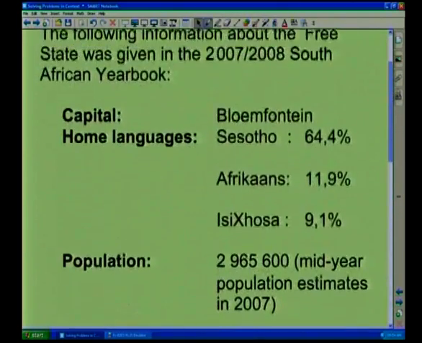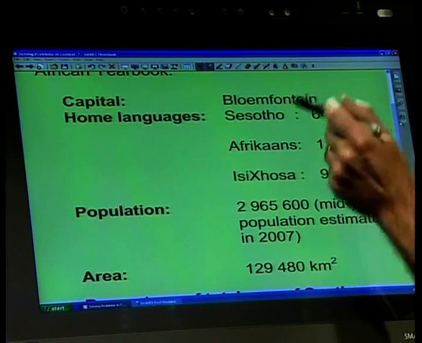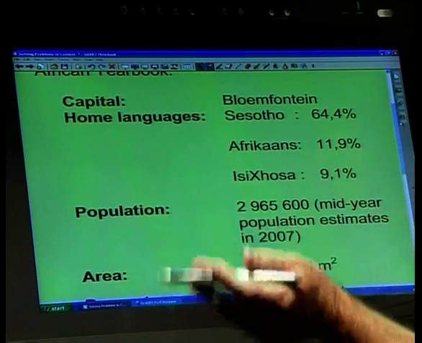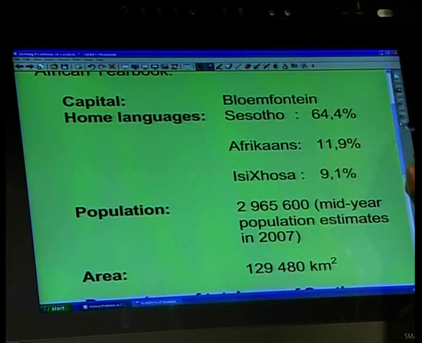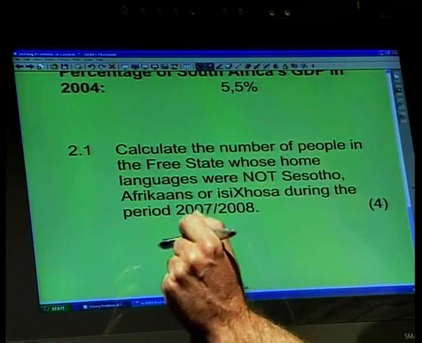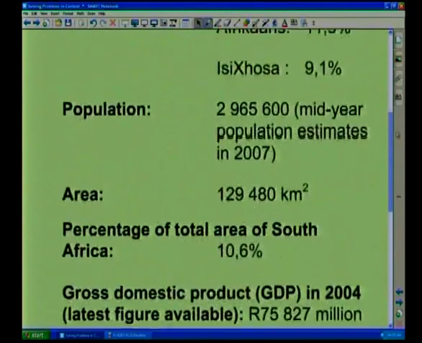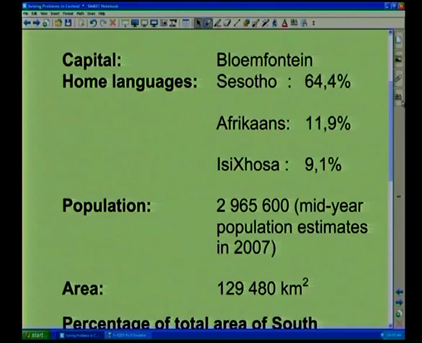Well, we've been given 3 lots of percentages. Obviously, if that was all the speakers that there were, the total should come to 100%. Let's add this total up and see what we do get. 64.4%, and then we had 11.9 and 9.1.